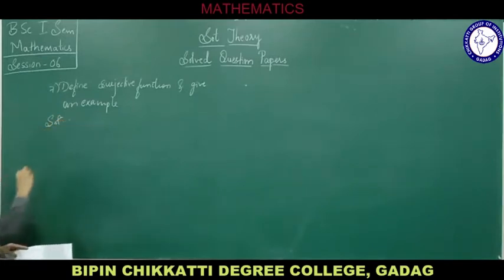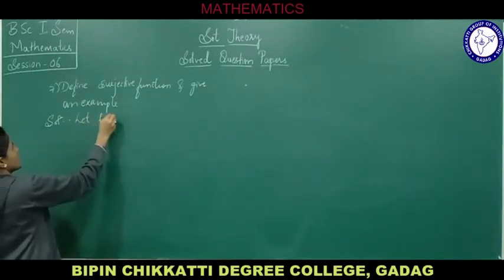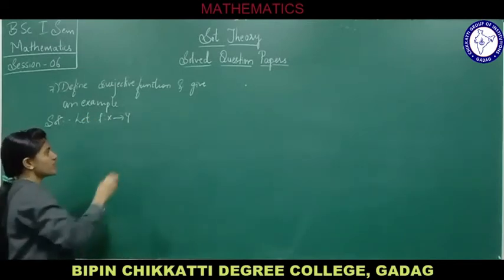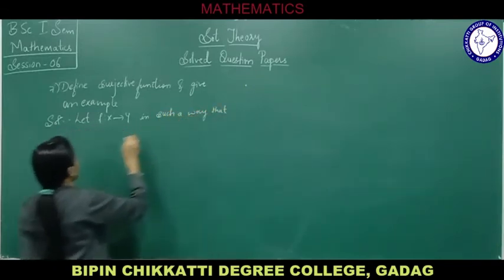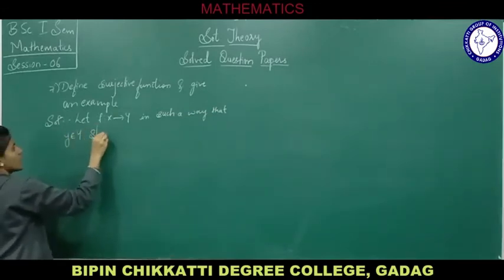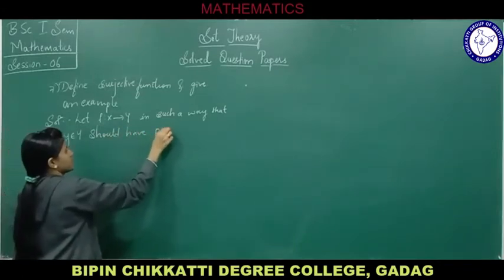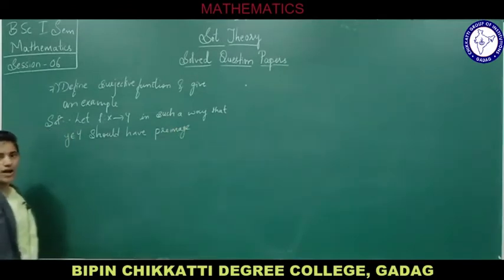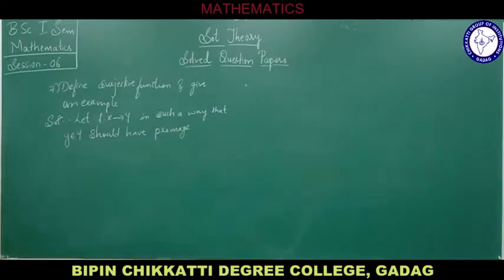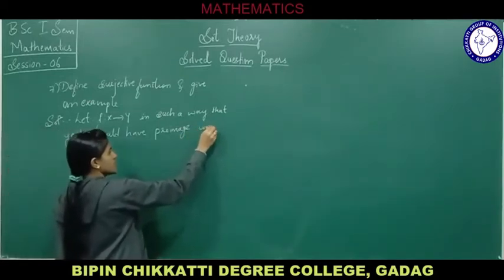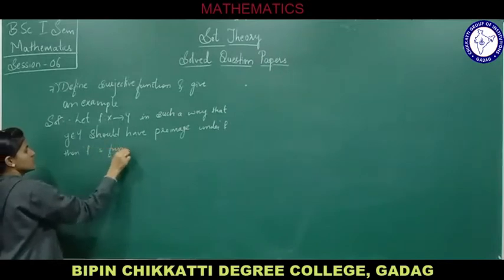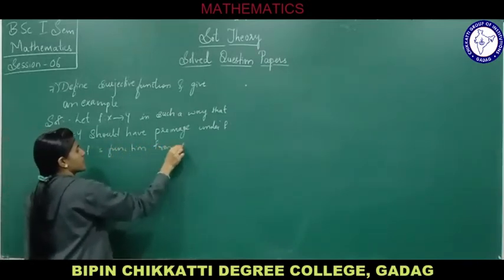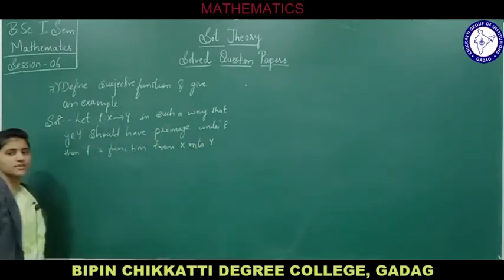Solution. We are going to say that f from X to Y is a function in such a way that every y belonging to Y should have a pre-image under f.